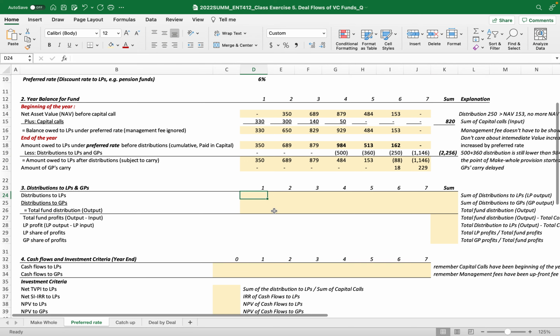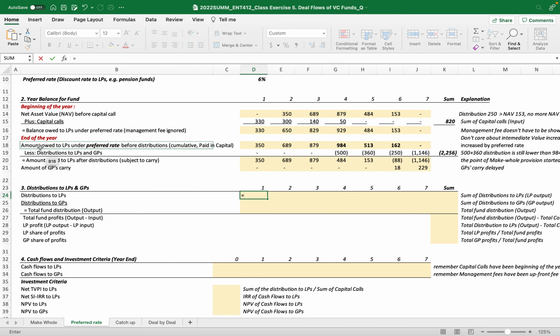Okay, let's go to the distribution to LPs and GPs. Distribution to LPs and GPs. How to get it? For the LPs distribution, there you go. This is 0, right? Now let's drag. But from this, we want to remove negative.